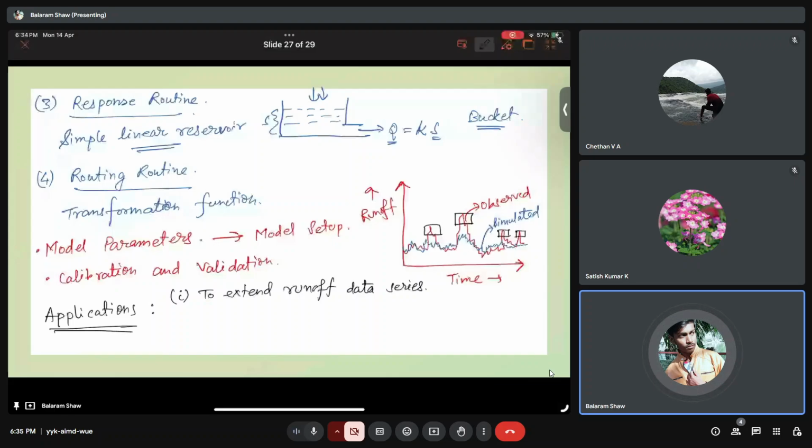You can also use it for water balance studies or climate change studies and so on, right?